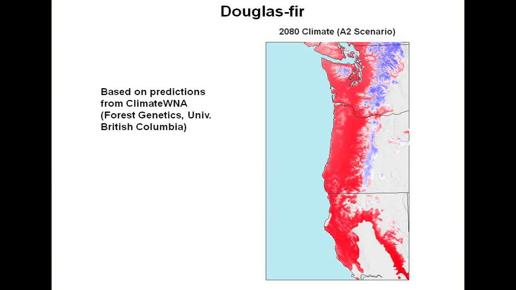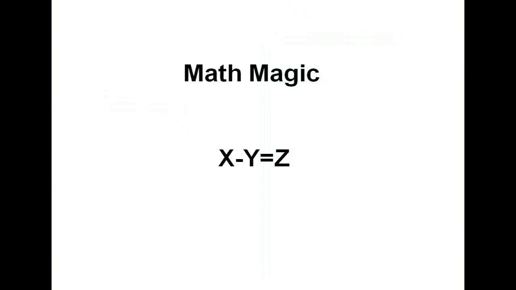So with the model, we can predict what is going to happen in the future, in this case from the ClimateWNA model from the University of British Columbia. It's kind of hard to see those different graphs, so we did this math magic where we take the date of budburst in the future minus the date of budburst now, and we look at the difference.